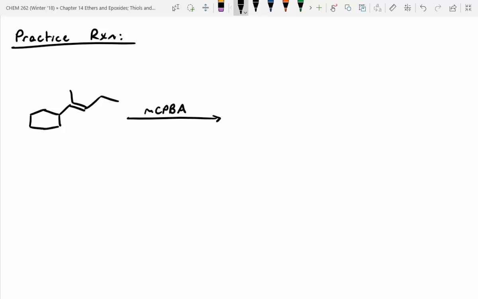What epoxide or epoxides will I get out? It's a little bit weird to think about, but I always start out by just drawing my simple epoxide and then appending substituents on as needed. So I'll show you guys what I mean by this. So we know our epoxide looks like this. We know each corner of that triangle must also have 2 substituents coming off of it. One will be a wedge, one will be a dash.